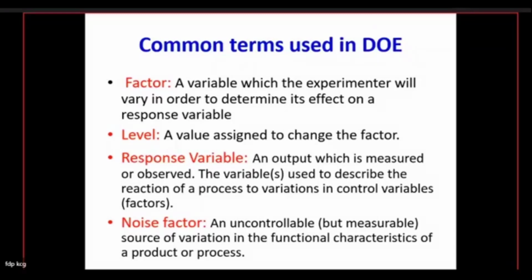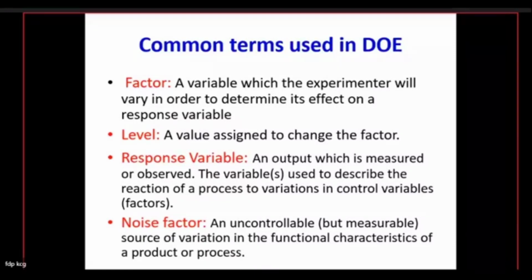The first term is the factor, a variable which the experimenter, that is, any researcher, can change as per his wish and will, and that particular variable affects the response. A variable which the experimenter will vary in order to determine its effects on a response variable, that is known as a factor.